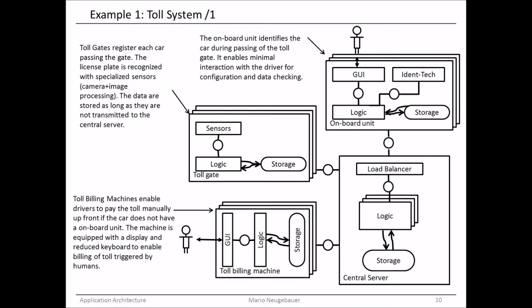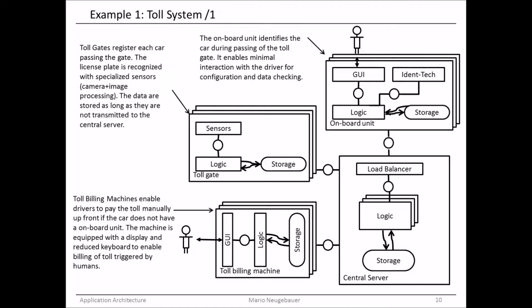And there's also some logic which might be replicated to scale for many users, and some logic processing the events coming in to this central server in order to be able to store the data in a consistent way.